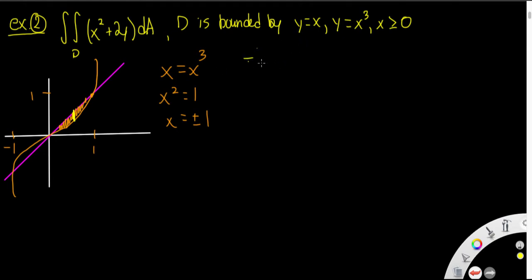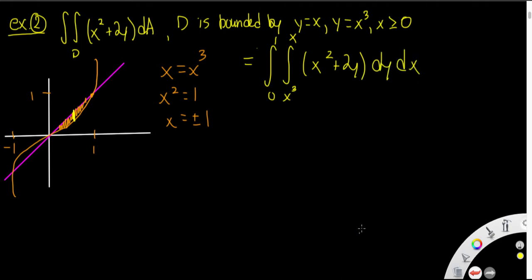So we'll go ahead and evaluate the double integral from y equals x to y equals the orange x cubed. Actually, I should say it the other way around. X cubed to x. And so the x interval is going to be from 0 to 1 of x squared plus 2y. And since we did vertical strips, we'll go dy dx.